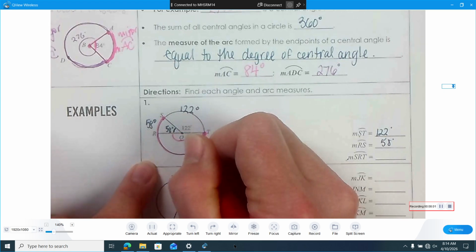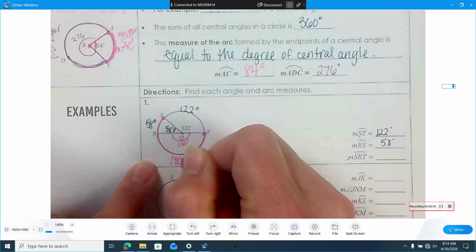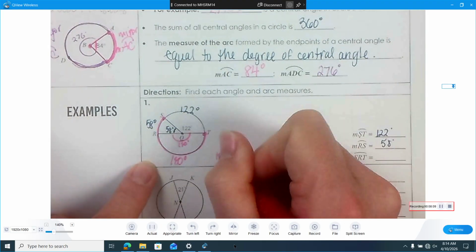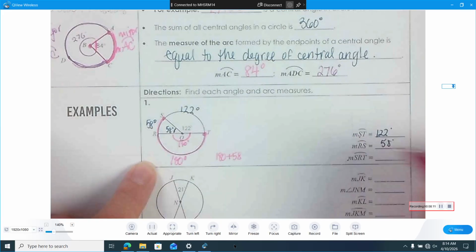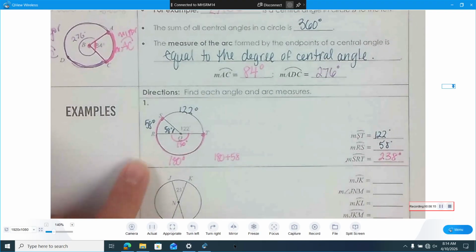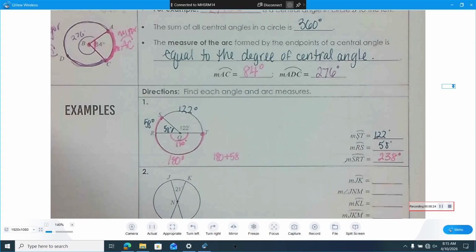This side over here is 180 degrees. So arc RT is 180 degrees, and I need to add the 58 to it. So 180 plus 58 is 238 degrees, okay? All right, questions on that?